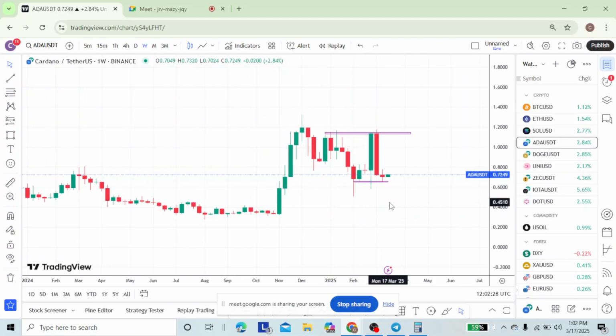So we have different types of candlesticks. We have a single pattern candlestick, which means the formation of just one candlestick. We have a double pattern candlestick and we have a triple pattern candlestick.